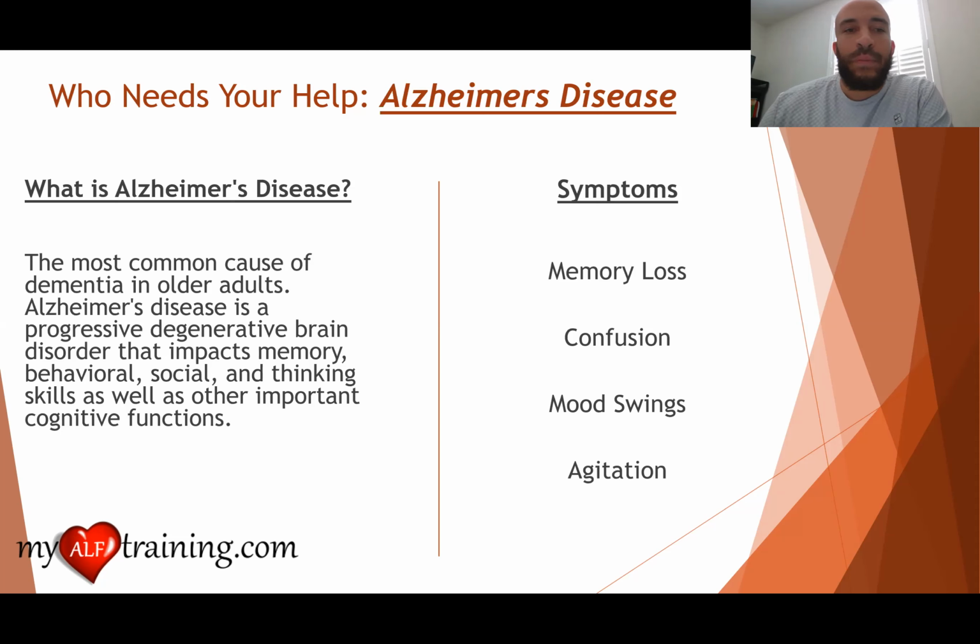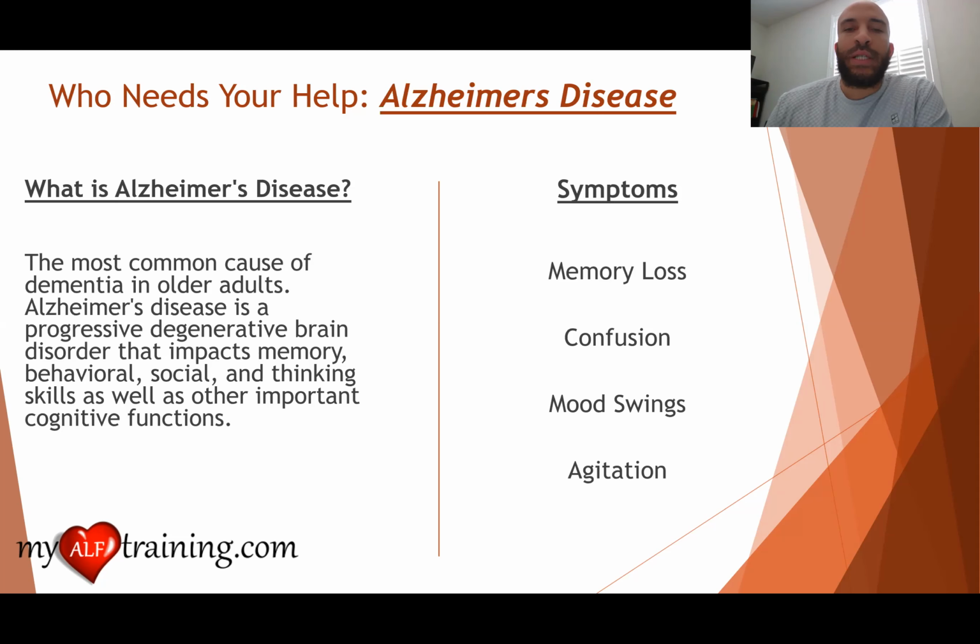So you need to become familiar with this disease, these type of patients, the symptoms, and how to care for them. Alzheimer's is a progressive degenerative brain disorder that a patient may have been predisposed to for whatever reason. And it has effects on their behavior, their social skills, their ability to think.